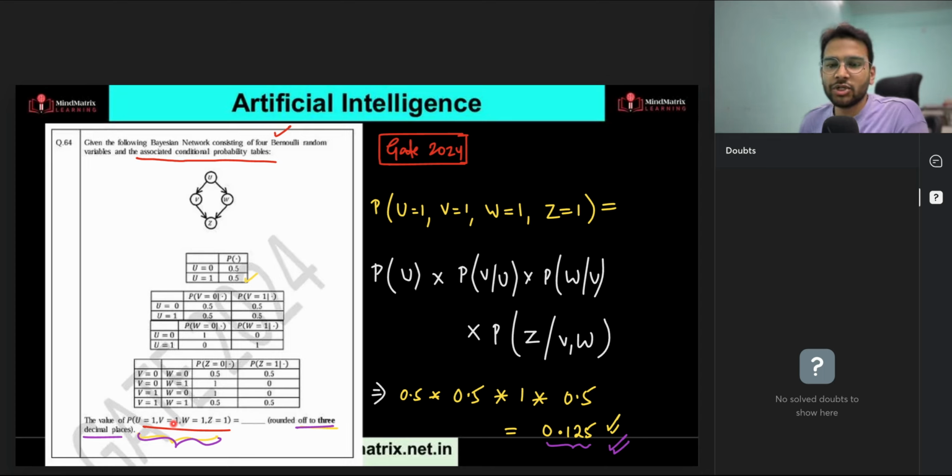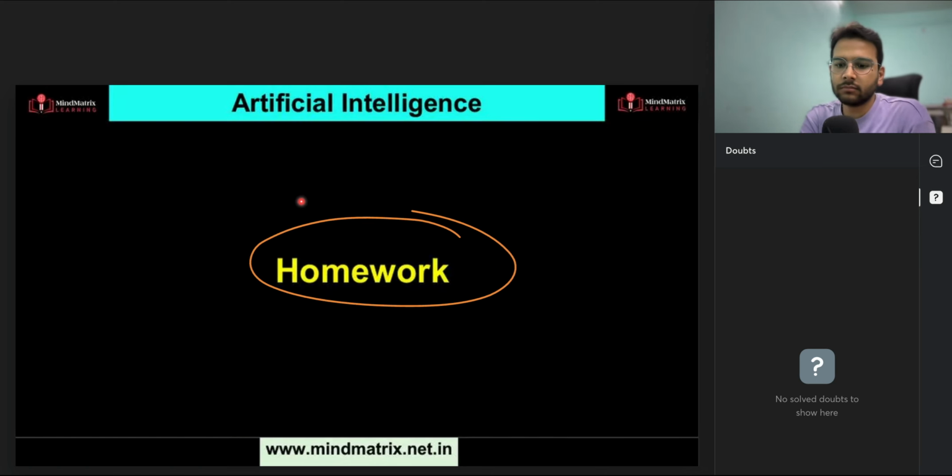Also, it is mentioned that the alarm goes off when John has called but Mary has not called. Understood? Based on this statement, you have to find the values and then solve the question. So instead of directly giving you the values of the random variables, they may give you the statement, and from there you have to find the values and substitute. I hope it is clear to all of you.